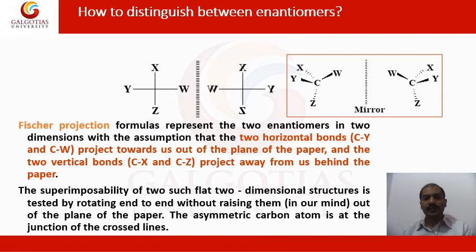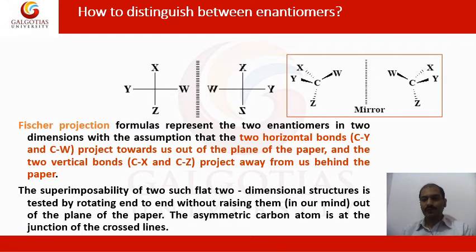Here you can see it could be represented in a line structure this way. Once you put the mirror image, obviously it will look like this. So how can these types of projections be put in the form of a molecule, so that it can be explained on the basis of the concepts we have discussed so far?